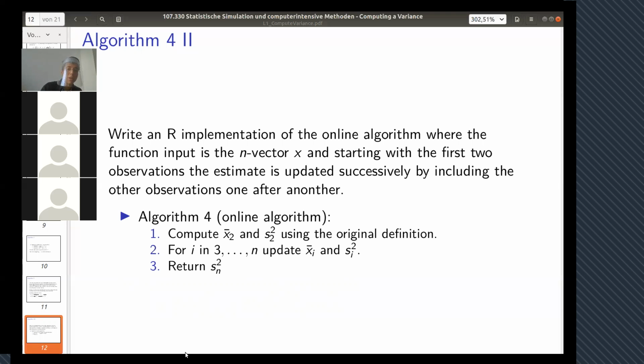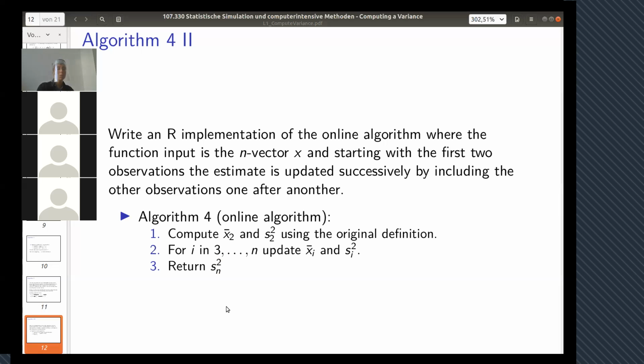In the online version, you do not really do it online. So we start out with the first two values for calculating the mean and the variance. And from then on, with the third to the nth one, we do the updating and compare also the variance which comes out of this fourth algorithm.